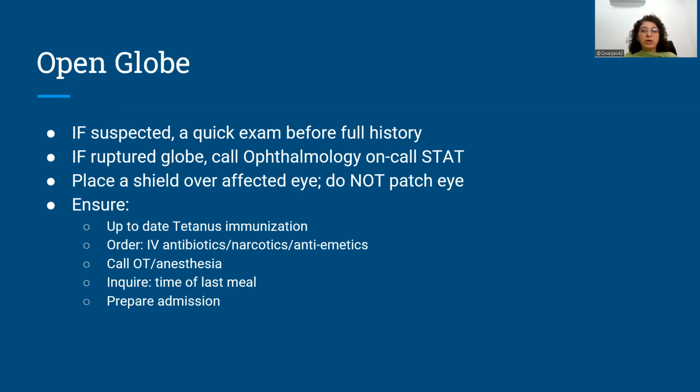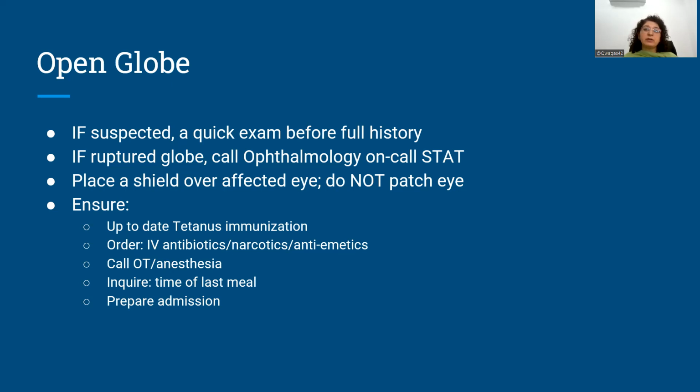Make sure, meanwhile, while you're waiting for ophthalmology to come, that you have ensured that the patient's tetanus immunization is up to date. You can order IV antibiotics, especially in the case of contaminated wounds. Regardless, it should be done. Narcotics may or may not need to be given depending on the severity of the injury and the pain being experienced by the patient.